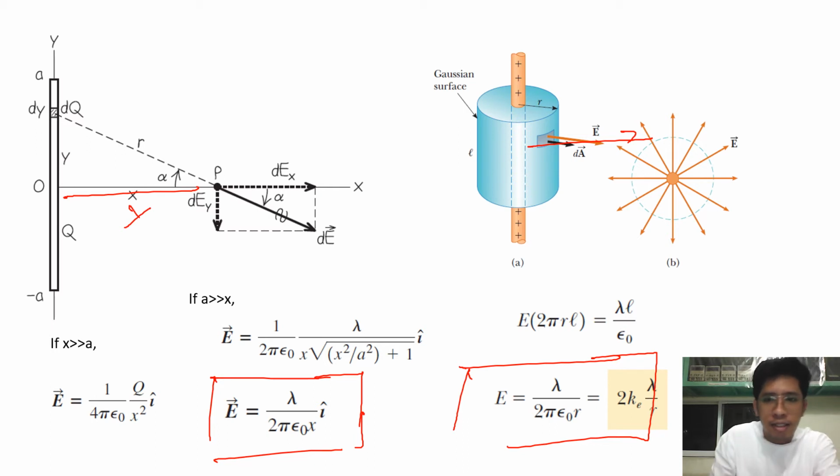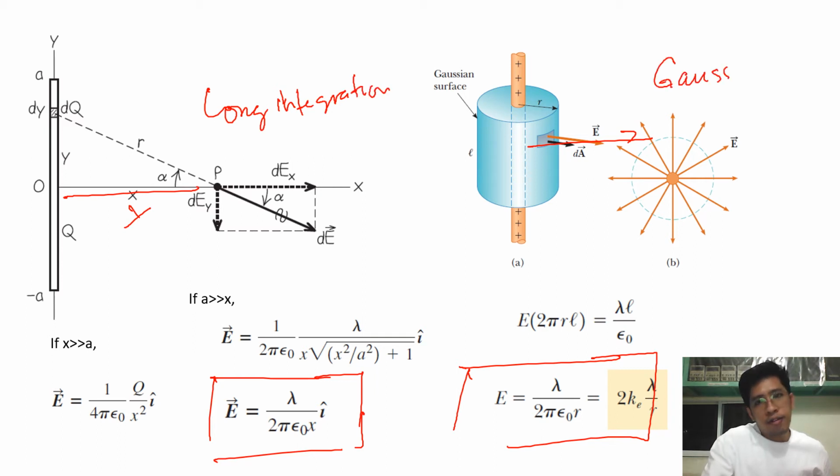So they're actually just the same equations. But for this one you did some long integration, and here we just use Gauss's law, which is EA equals Q enclosed over ε₀.